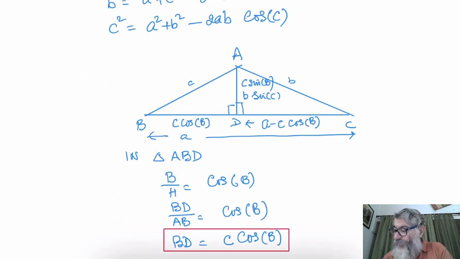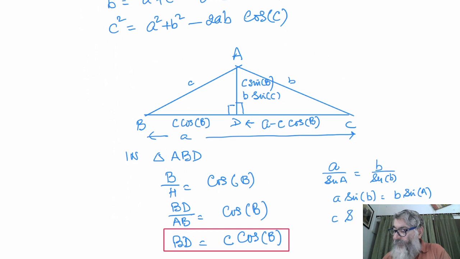I'll write down what the sine law is here. The sine law states that A upon sine A is equal to B upon sine B. So A sine B is equal to B sine A. So C sine B can be written as B sine C.